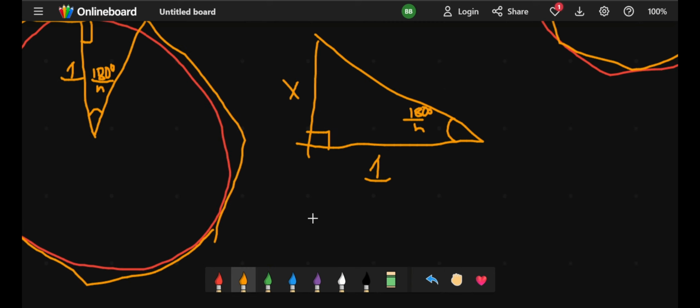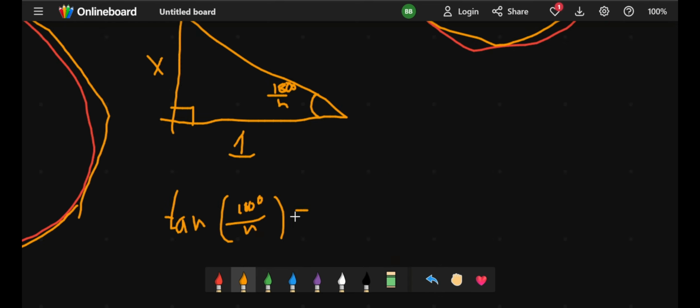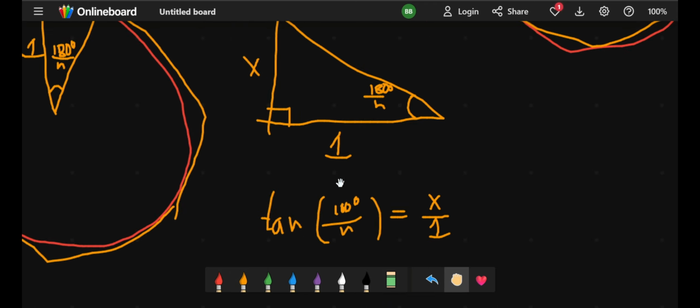Because we can say the tangent of 180 degrees over n, because SOHCAHTOA, is opposite over adjacent, x over 1, such as x. So we know that side over there is going to be tangent of 180 degrees over n.